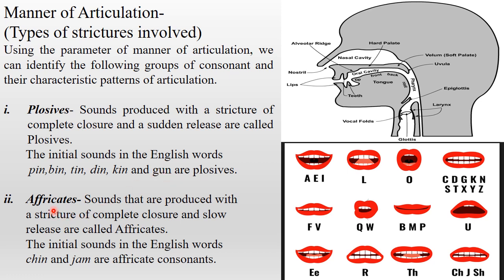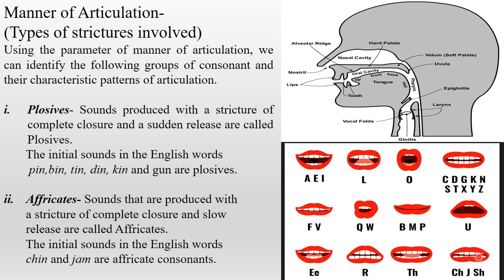Next is affricates. Sounds that are produced with a stricture of complete closure and slow release are called affricates. So sounds which are produced with complete closure and sudden release are plosives, but sounds that are produced with a stricture of complete closure and slow release are called affricates. The initial sounds in the English words chin and jam are affricate consonants.